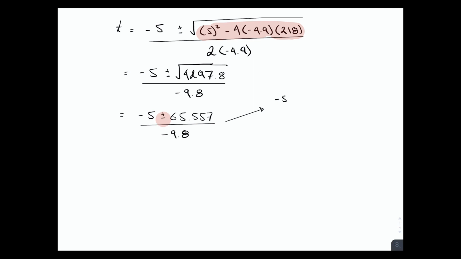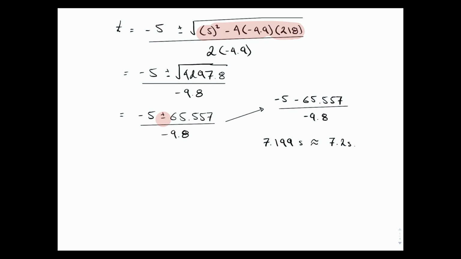I'm going to get negative 5 minus 65.557 all over negative 9.8. And if I do the math, I end up with 7.199 seconds, which is approximately 7.2 seconds.